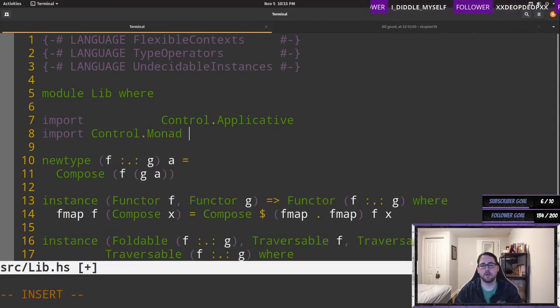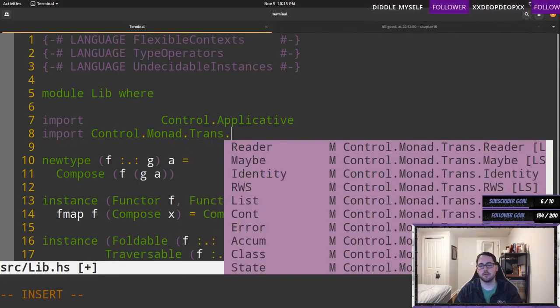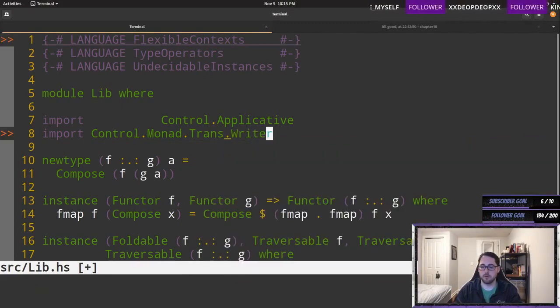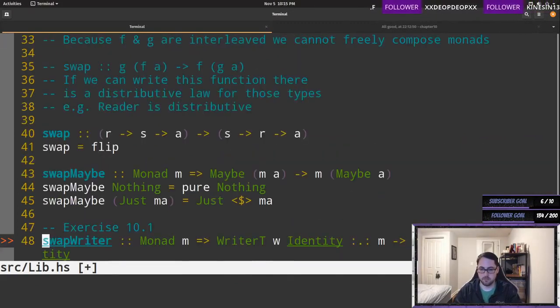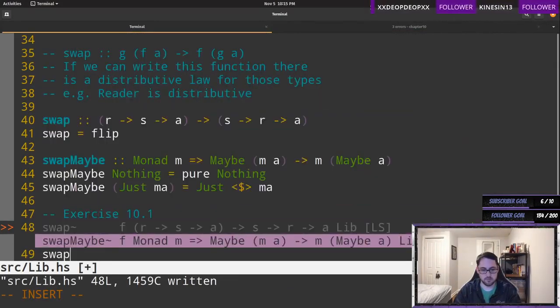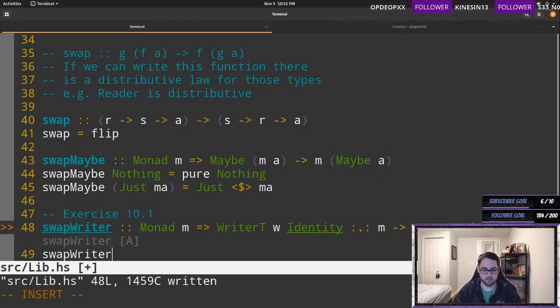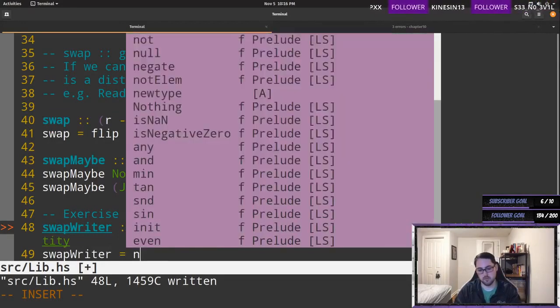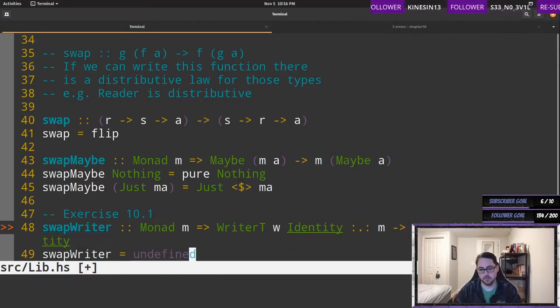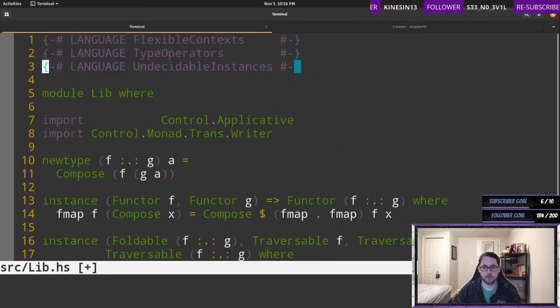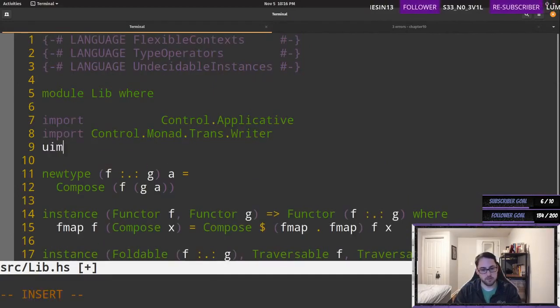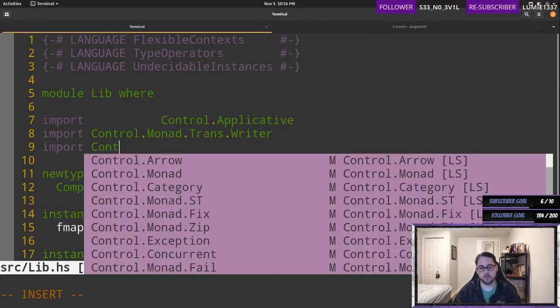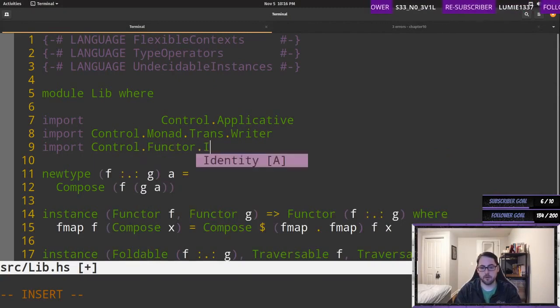Control monad trans writer. And then import control functor identity.